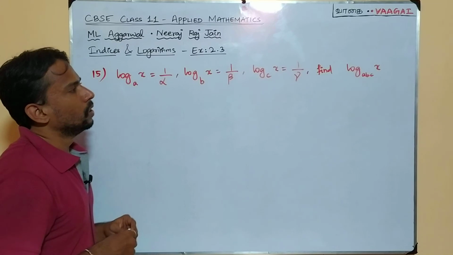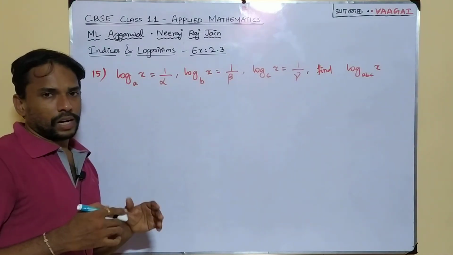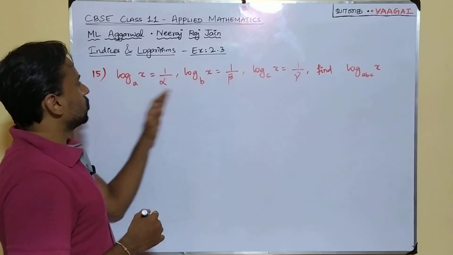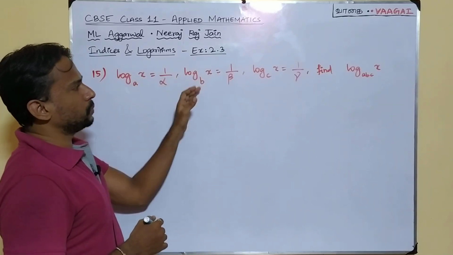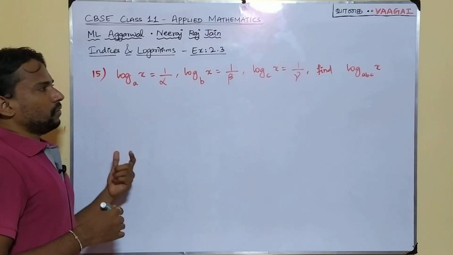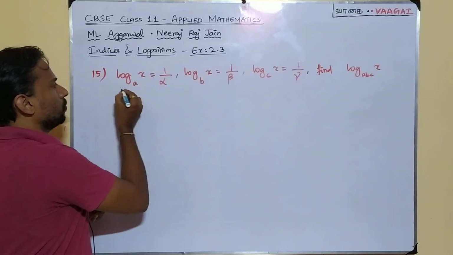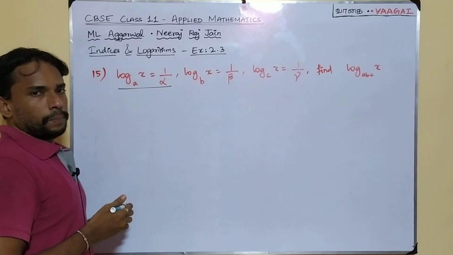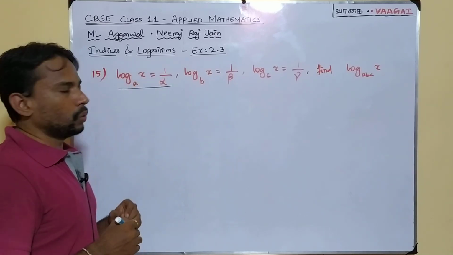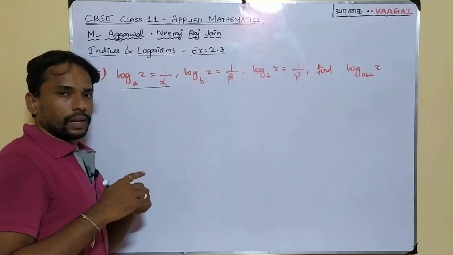As usual, first of all we'll start from what is given to us. We are given three data: log x to the base A, x to the base B, x to the base C. So we will start from the first value. Log x to the base A is equal to 1 by alpha. The first thing we will do here is take the reciprocal.